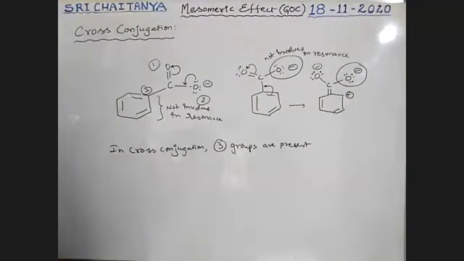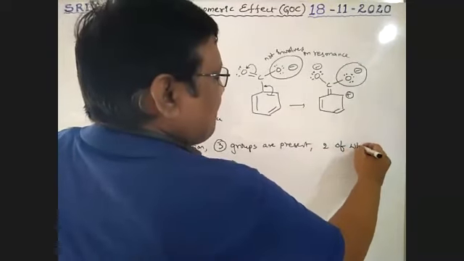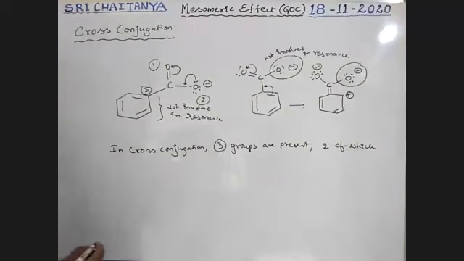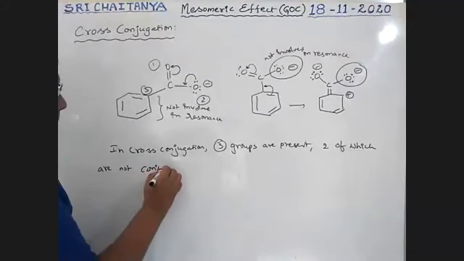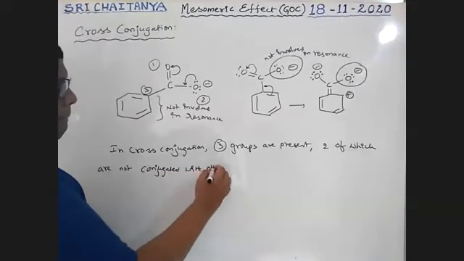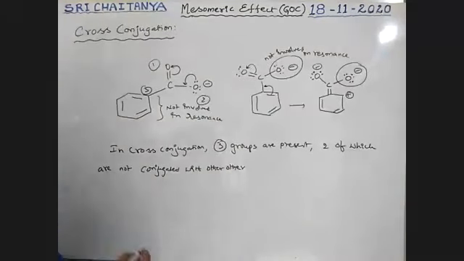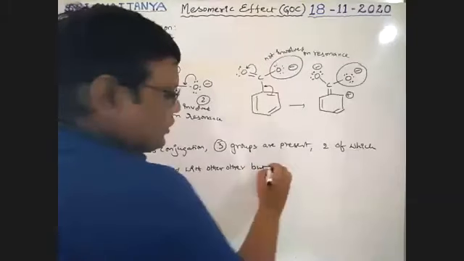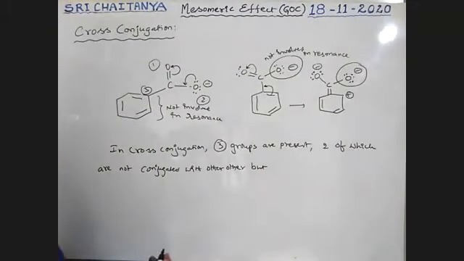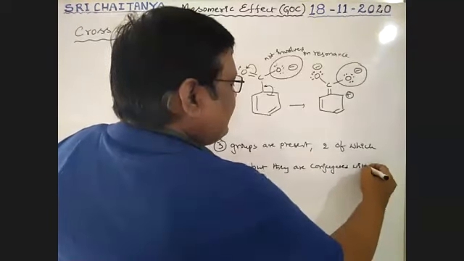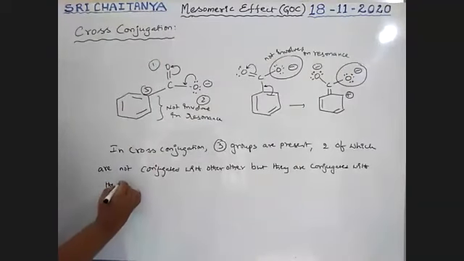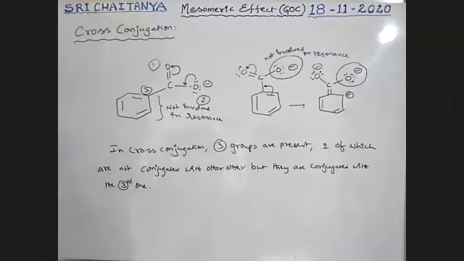In cross conjugation, three groups are present, two of which are not conjugated with each other, but they are conjugated with the third one. This type of conjugation is called cross conjugation.